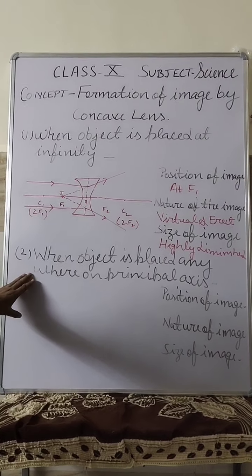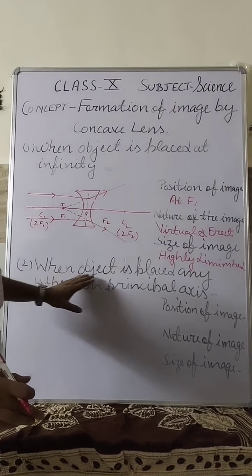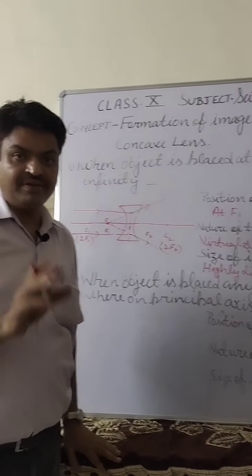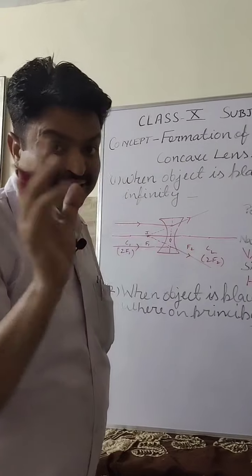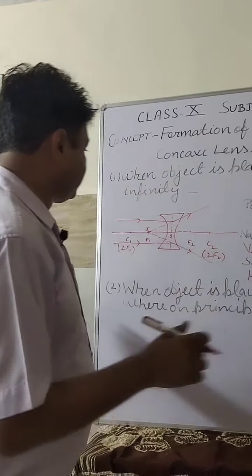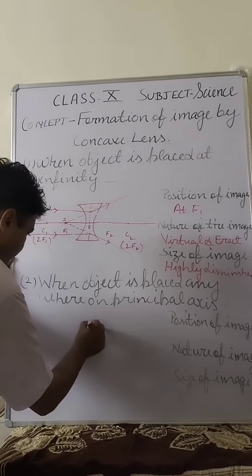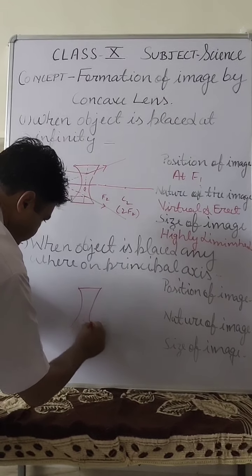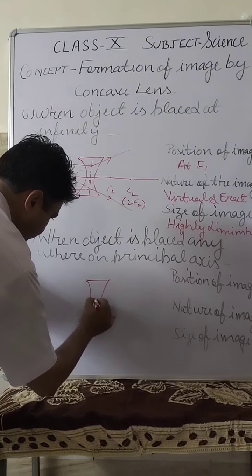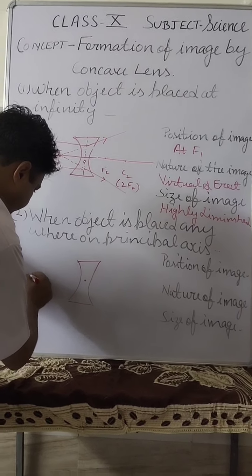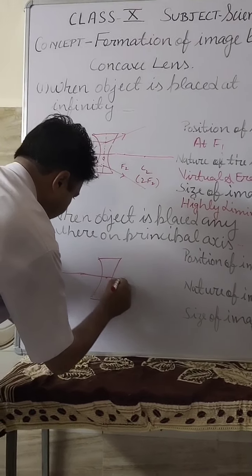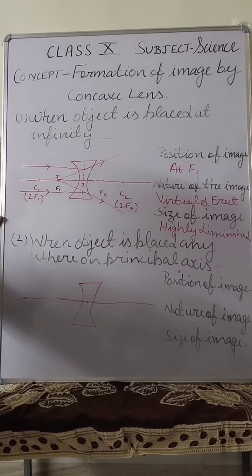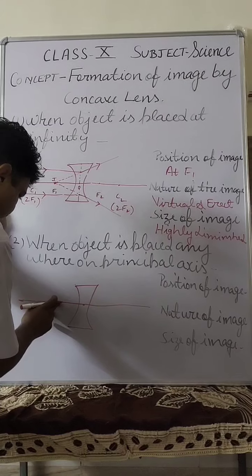Now we will draw the second ray diagram. In this, the object is placed anywhere on the principal axis, anywhere in front of the lens, like this. It is the concave lens. This is the optical center. Now we draw the principal axis. Now what will you do? You will draw the line.